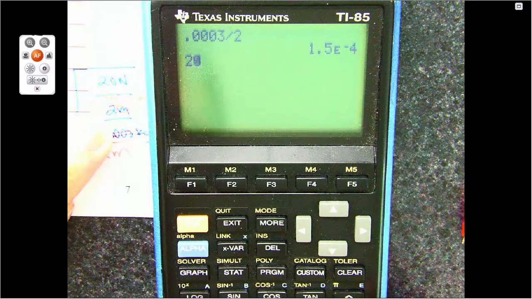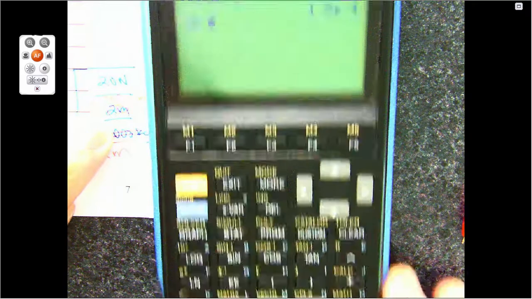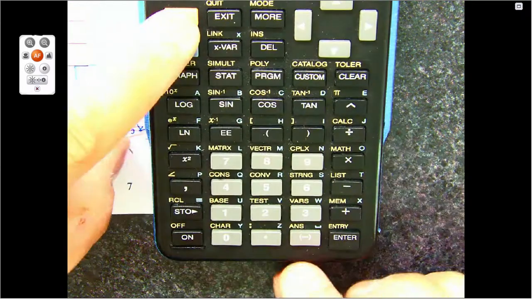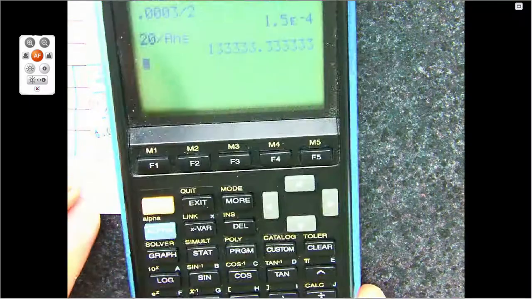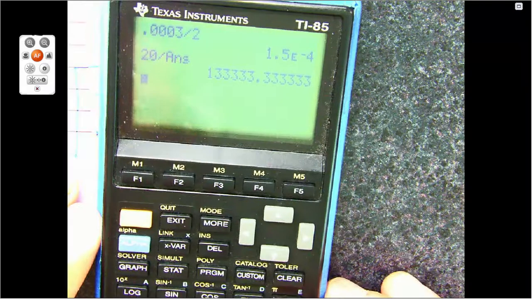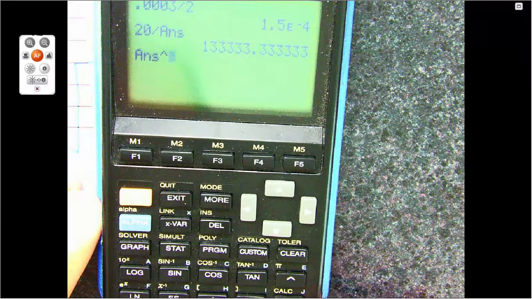Now I'm going to take 20 divided by the answer, so I got to hit second answer, enter, and now I want the square root of that, so I'm going to go caret 0.5, and I get 365.